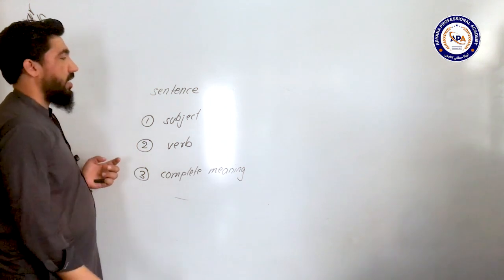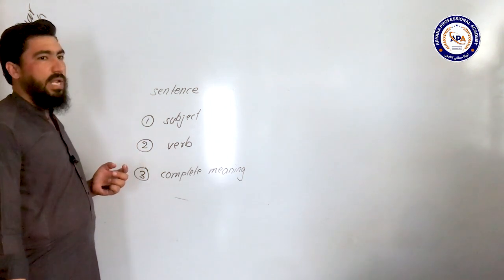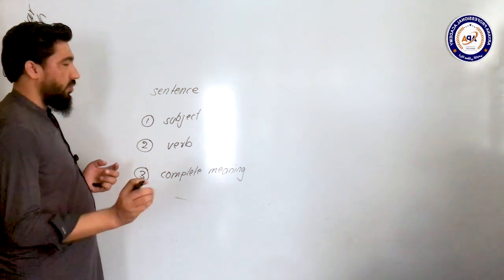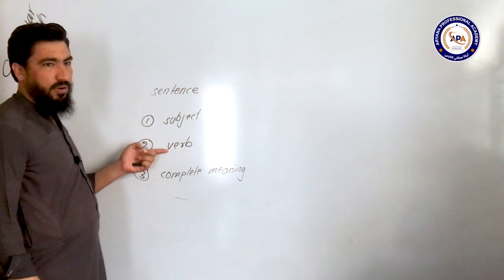These three are the characteristics of a sentence. Whether there is an object in a sentence or not, it doesn't matter. The most important elements in a sentence are subject and verb.